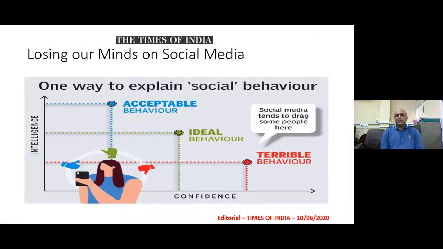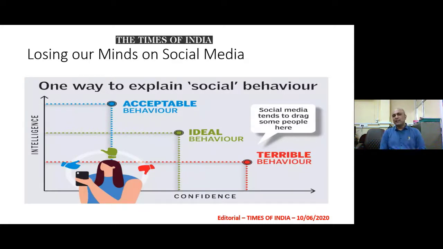This was the Times of India, 10th May 2020, and I want you to carefully look at this very interesting graph. Losing Our Minds on Social Media was the title, and you've been given two axes. The vertical axis is intelligence, and the horizontal axis is confidence.